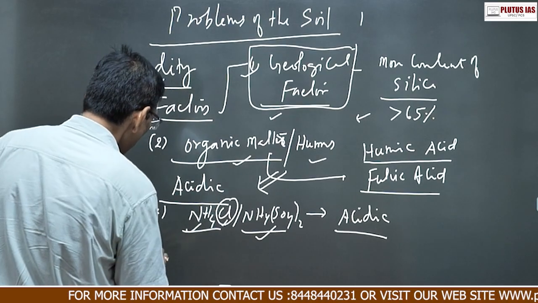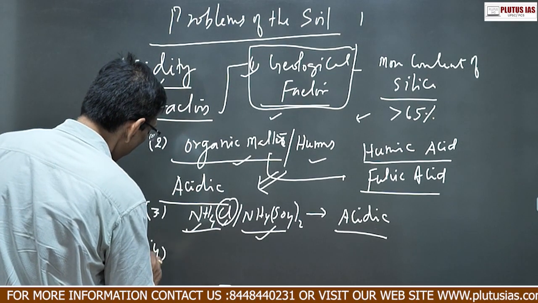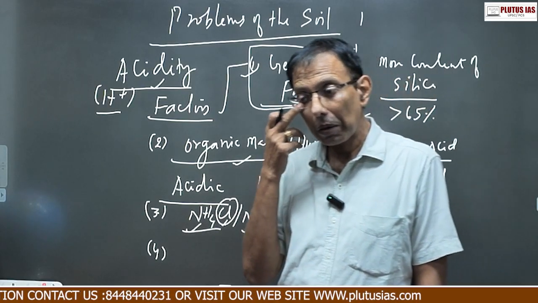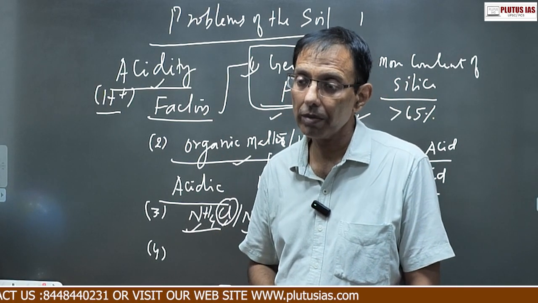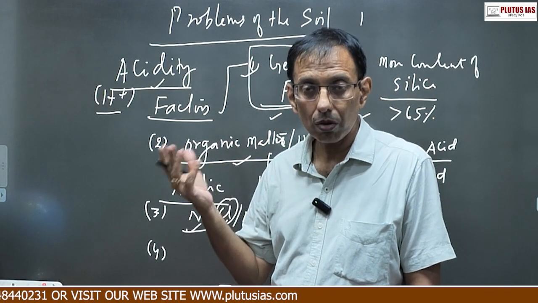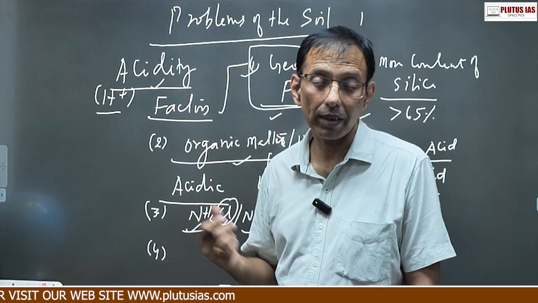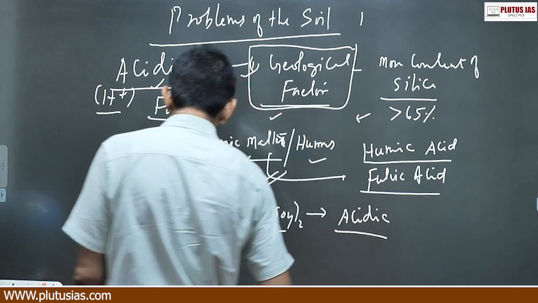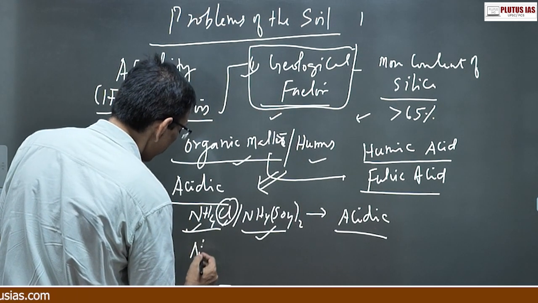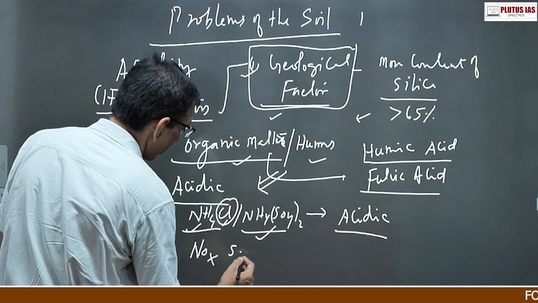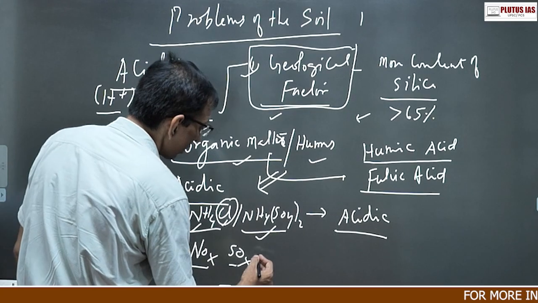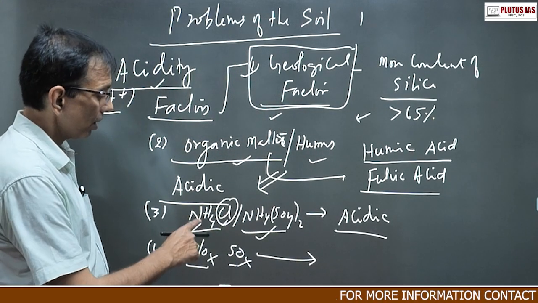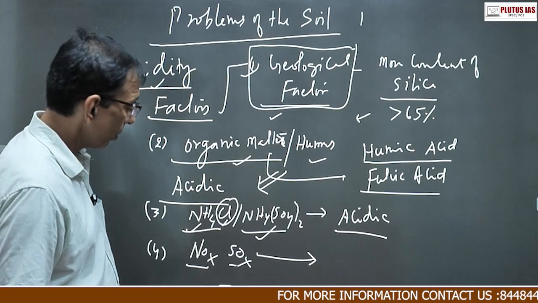Then other factors are also there. In industrial regions what happens, SO2 and NOx gases are being released to the atmosphere. These NOx and SOx are pollutants released into the atmosphere in the region of an industrial setup.